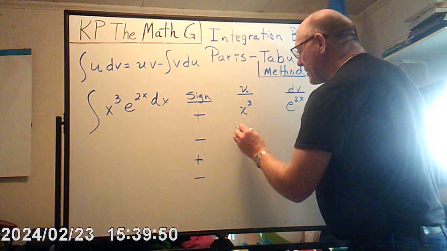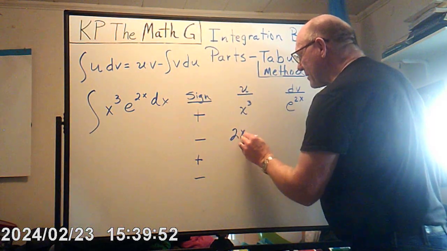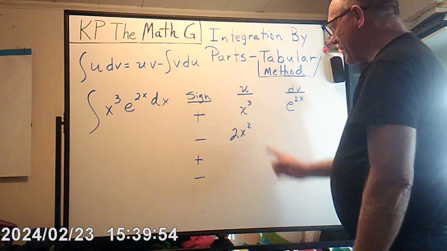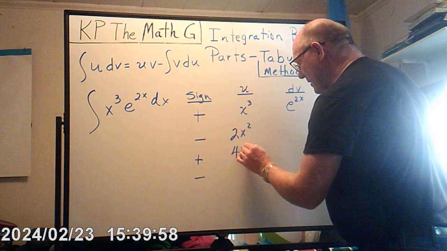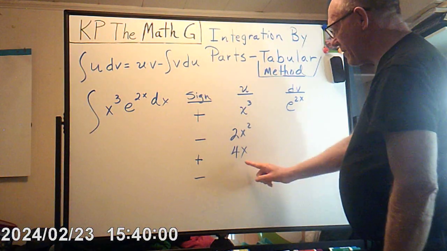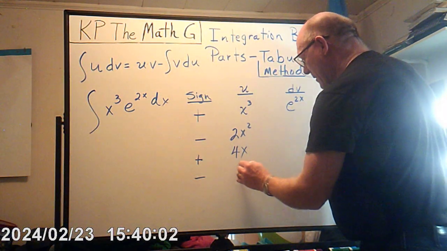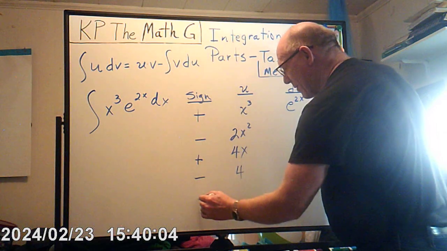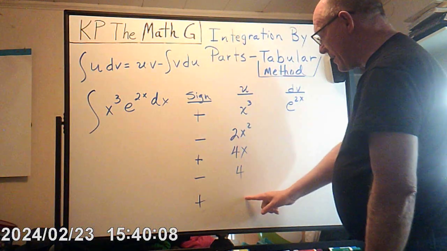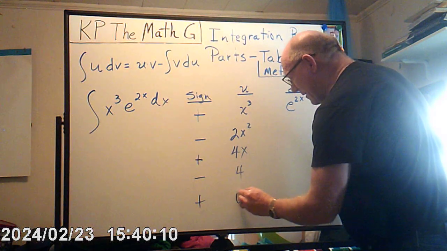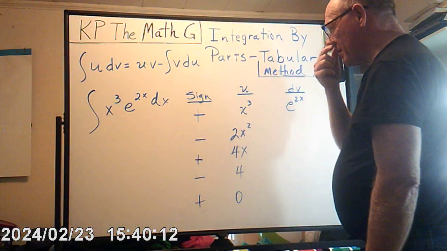If I take this derivative, I've got 2x squared. Again, it's going to be 4x. Again, that's going to be 4. Well, we need another sign here, don't we? If I take this derivative again, this will be equal to 0.